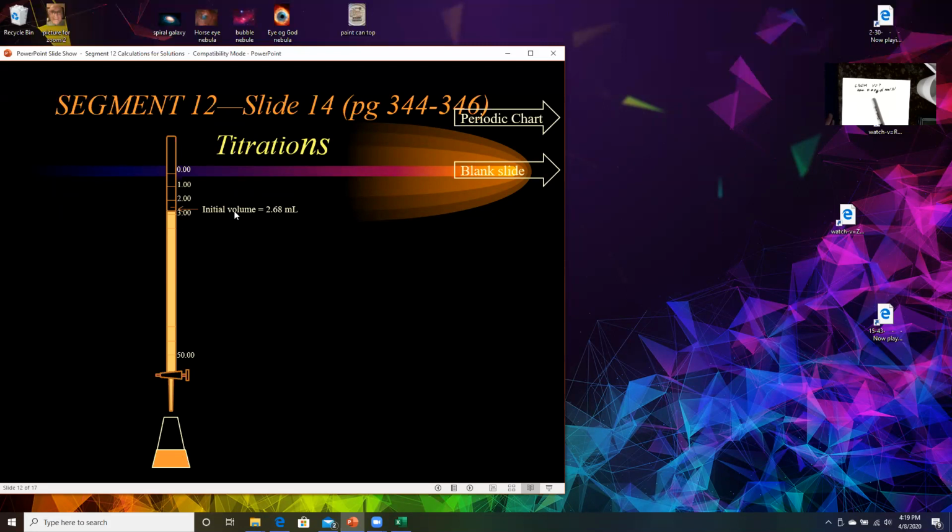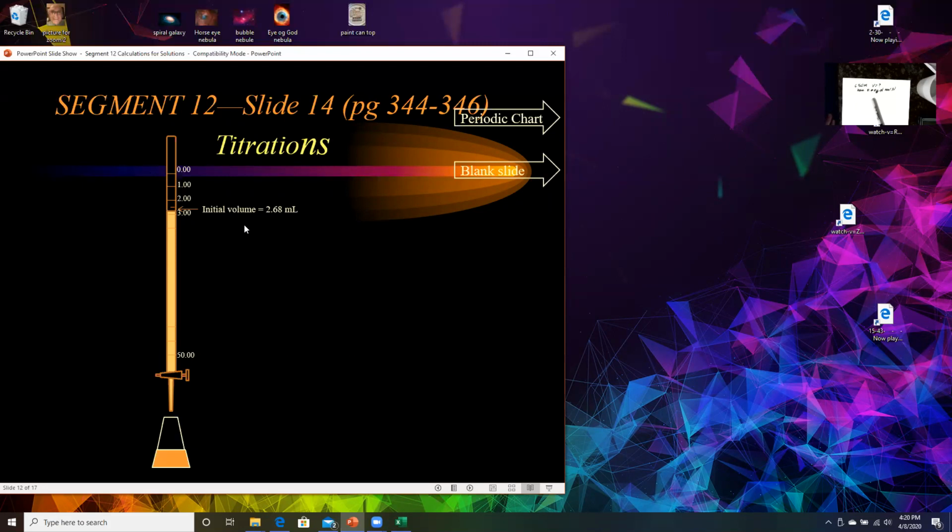Your experiment doesn't require you to do this, but this is the quickest way. I've seen students waste lots and lots of time trying to fill the burette all the way up to 0. Look, we're only going to do the difference that comes out down here. So you don't have to start on 0, but you do have to record where you did start.